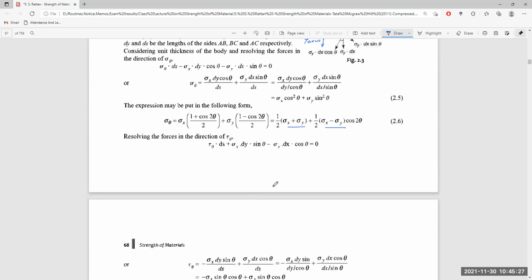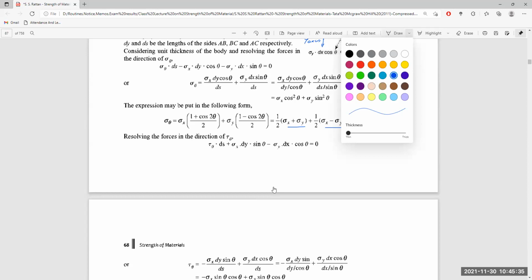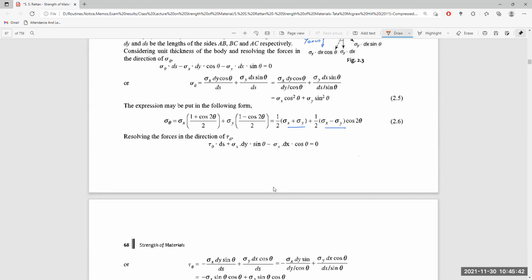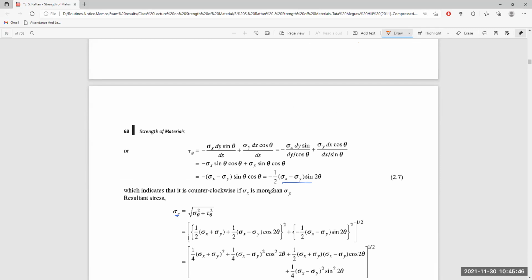These two lines we are supposed to extract. So we are using this portion as sigma theta and this portion as tau theta, and its whole square we have calculated here like this.